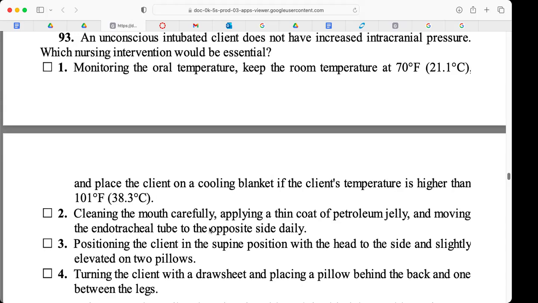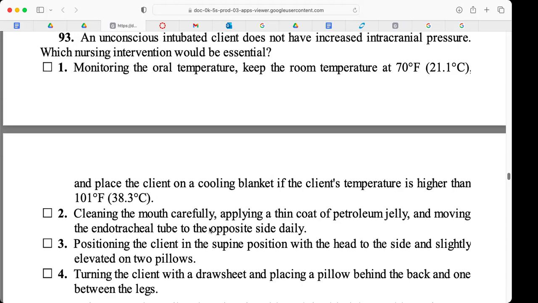Because if you put them supine, what could happen? They can aspirate. Okay, exactly, they could aspirate, right? And they're already intubated. And what did we say? When a client is intubated, what does that increase their risk of? Pneumonia.